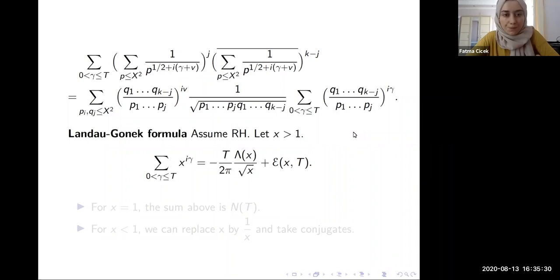So this is the form of the Landau-Gonek formula under the Riemann hypothesis. There is also a form of this that holds unconditionally. So here you assume that x is a real number that's bigger than 1, and the sum of x to the i gamma is given by this term.